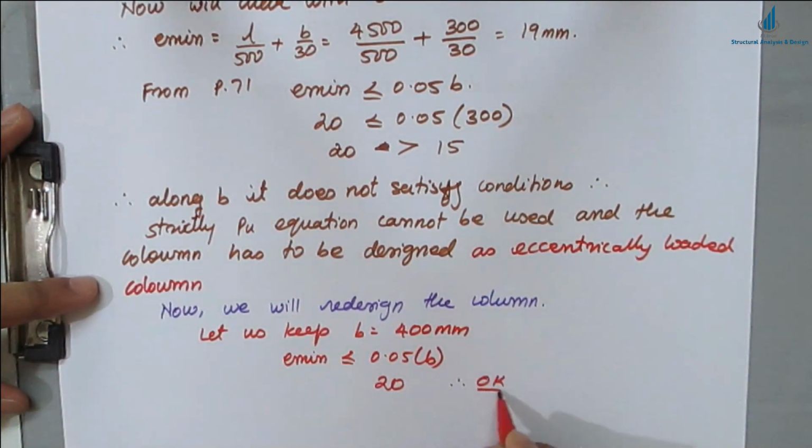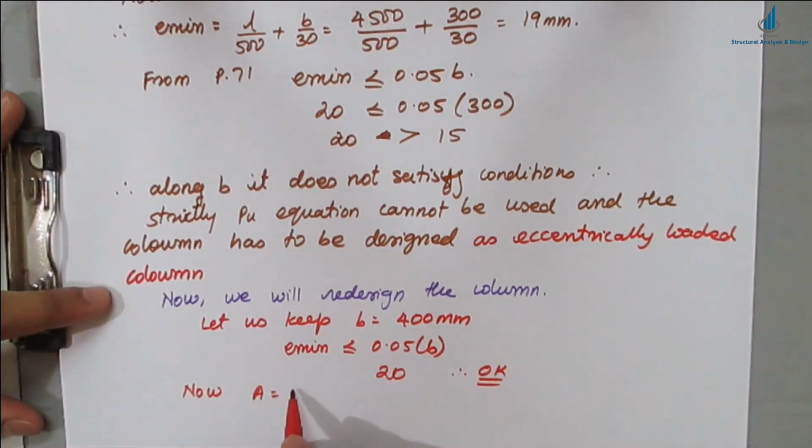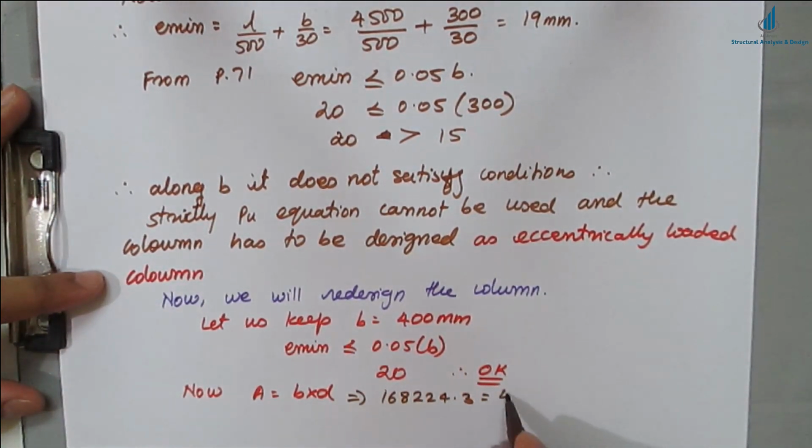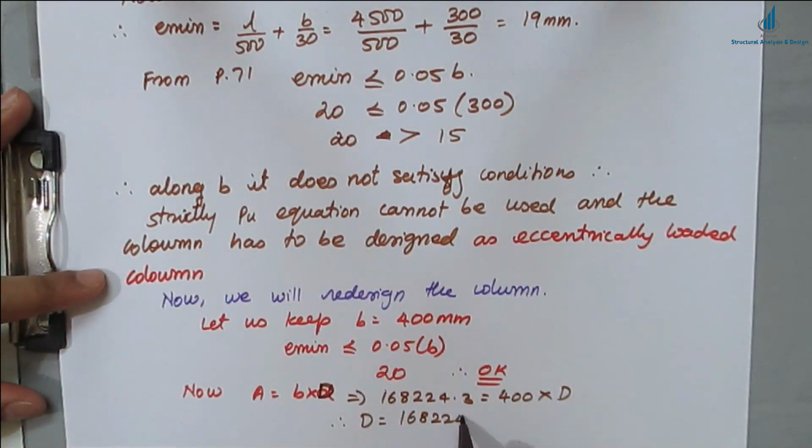Therefore, okay. Area is equal to B into D, right? 168,224.3 is equal to B, which is 400, and D will keep as it is. So this is the bigger D. Now, therefore, D equals 168,224.3 divided by 400.